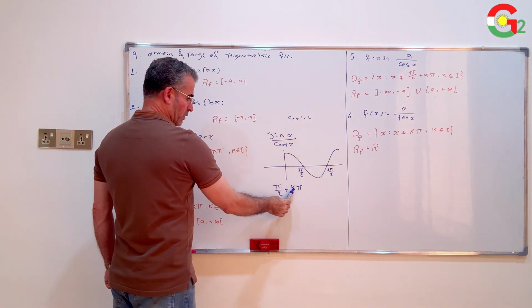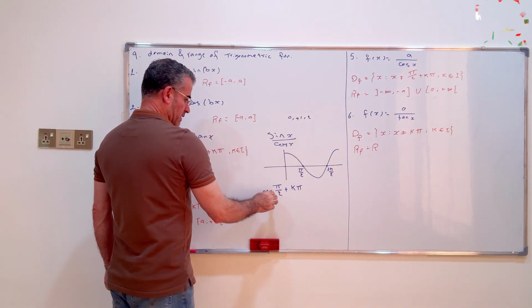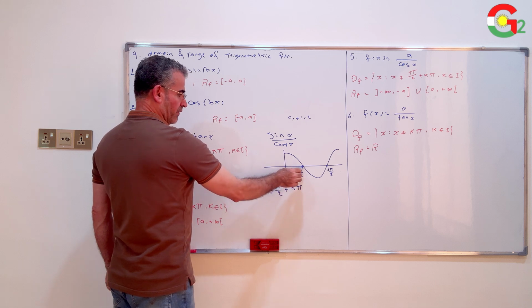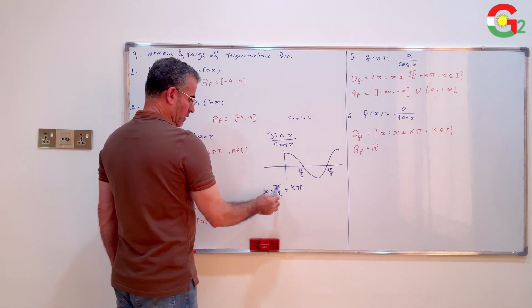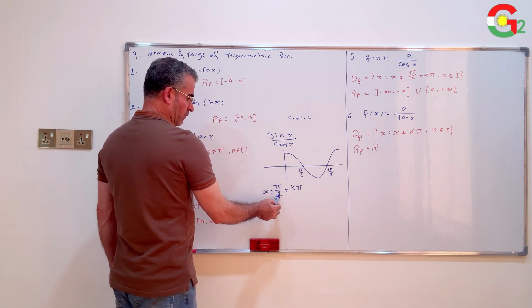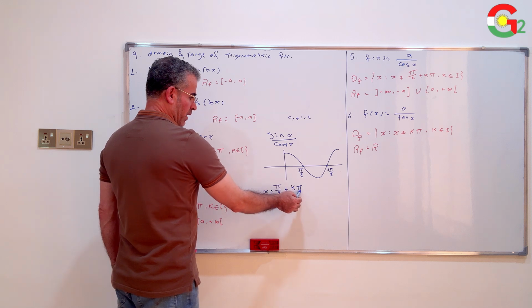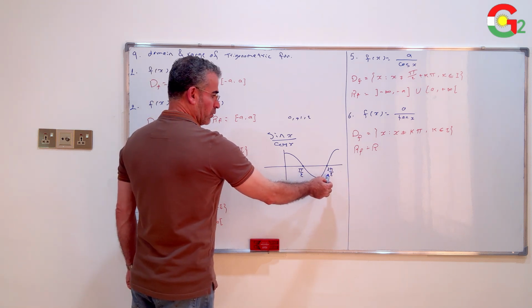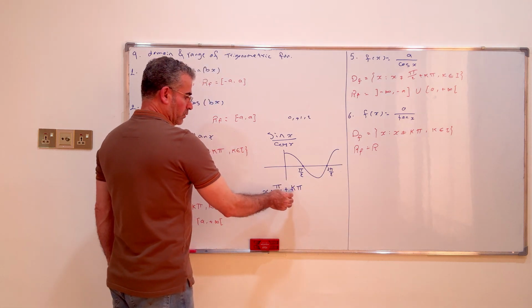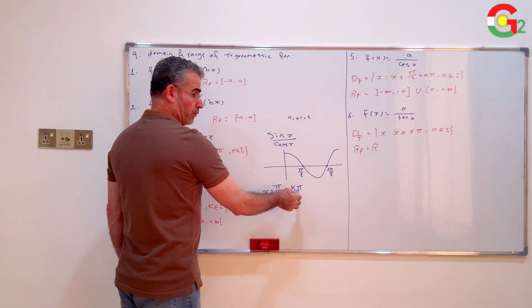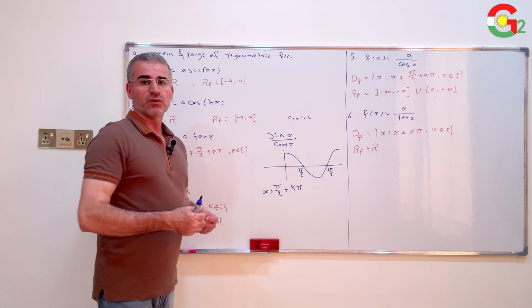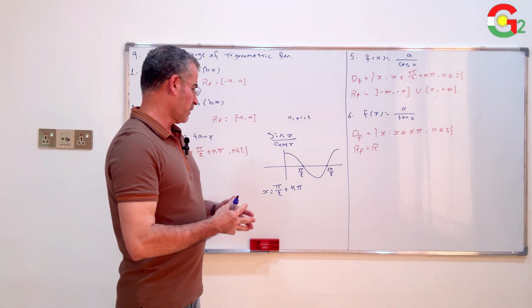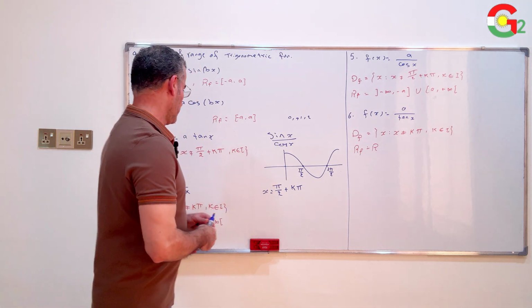When k equals 0, x equals pi over 2, the first point from the right. When k equals 1, it is pi over 2 plus pi, which is 3 pi over 2. When k equals 2, it is pi over 2 plus 2 pi, which is 5 pi over 2, and so on.